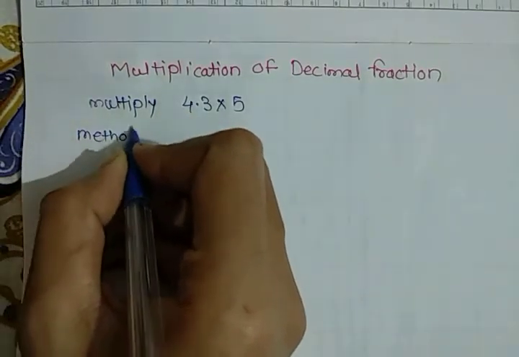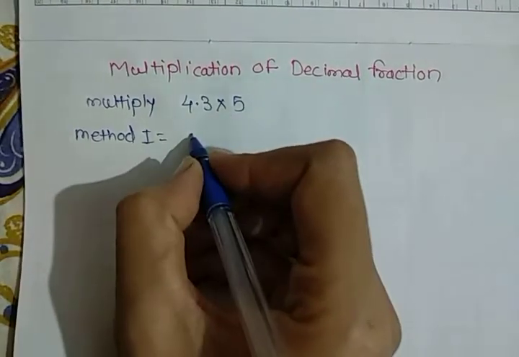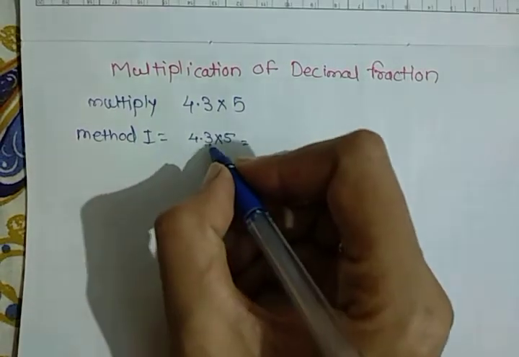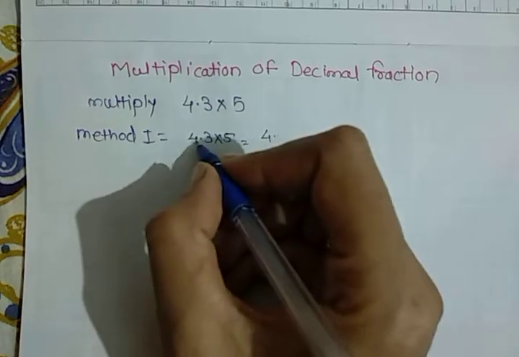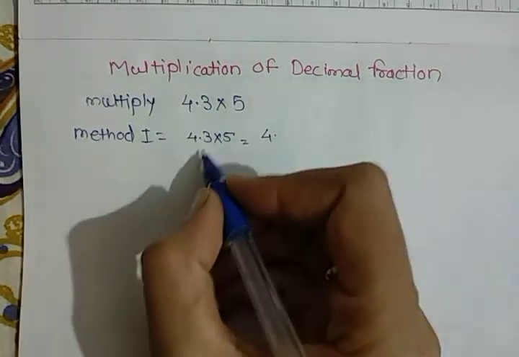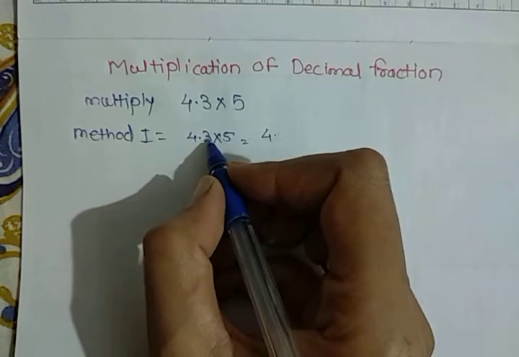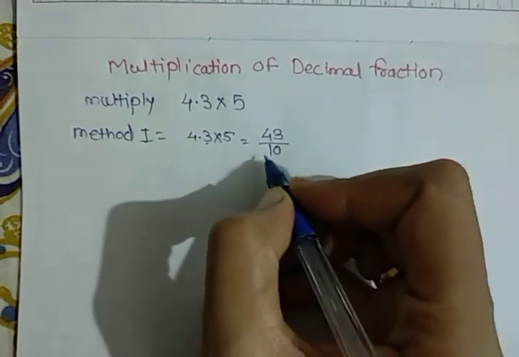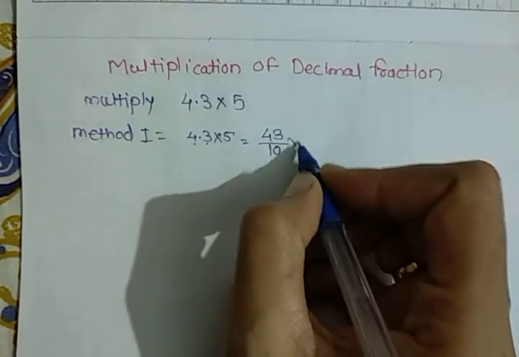Let's see here method 1. 4.3 multiplied by 5. Convert 4.3 into a common fraction. 4.3 has one place to the right side of the point, so write down 43 over 10. Here we convert 4.3 into the common fraction, multiplied by 5.